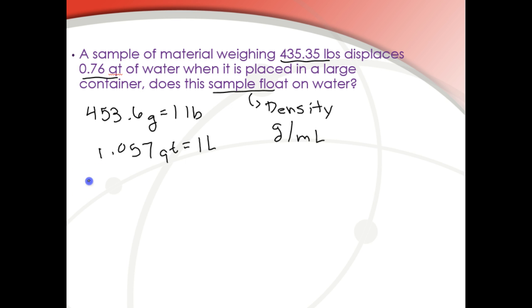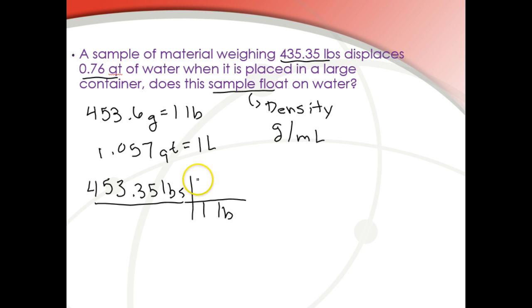So we have 453.35 pounds, and in 1 pound, there's 453.6 grams. So we can get our mass there.